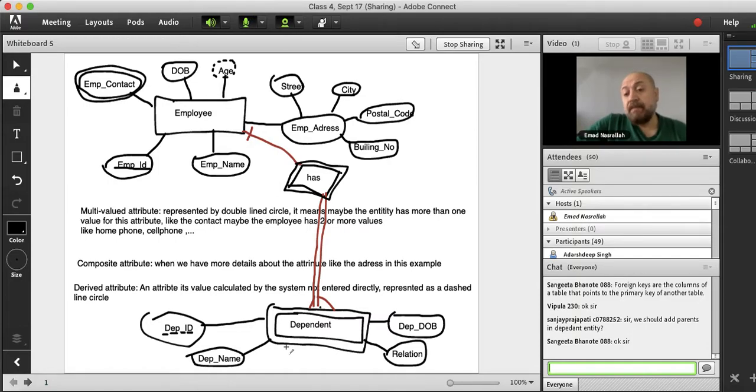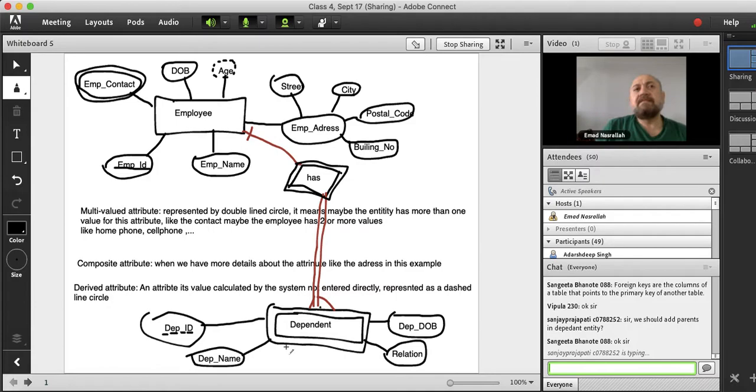Maybe. If somebody is the person who is sponsoring or financially supporting the parents, then yeah, they are one of the dependents. Why didn't I call it kids or family?